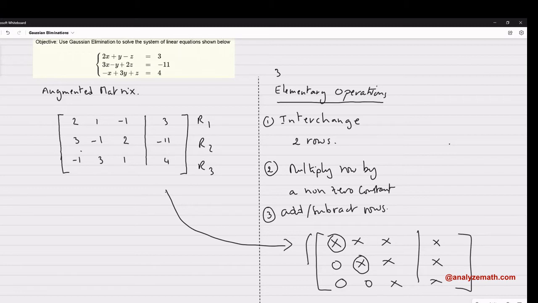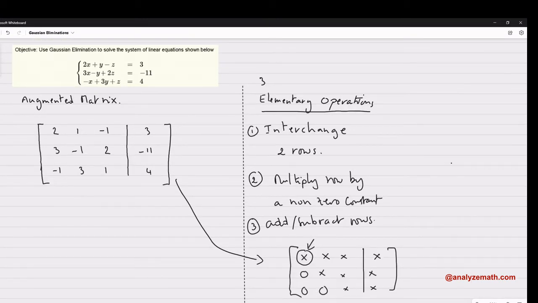This is one property of the matrix in row echelon form. And if you have a row with all zeros, it must be at the bottom. So what we need to do is have zeros in all these 3 positions.